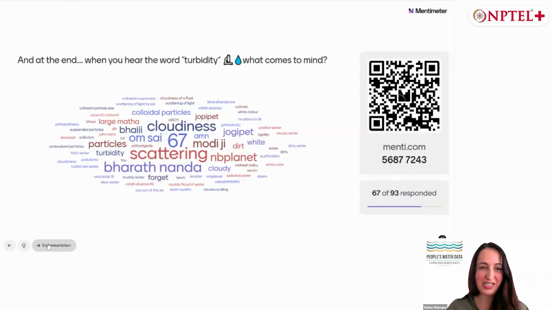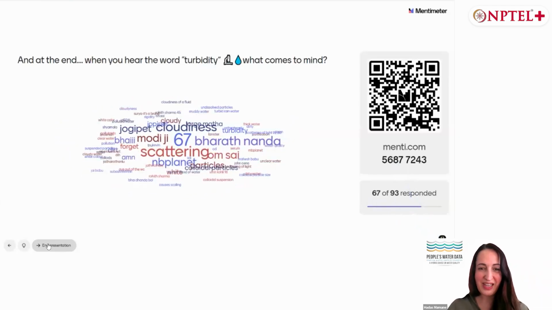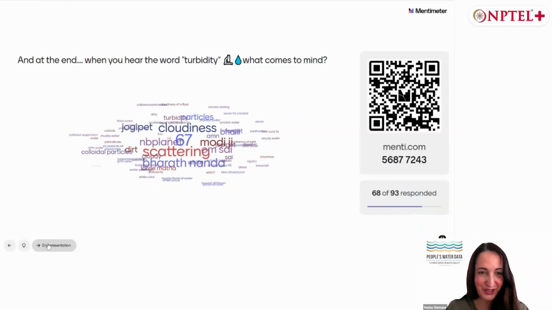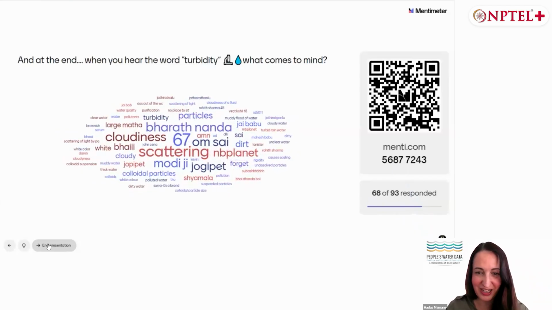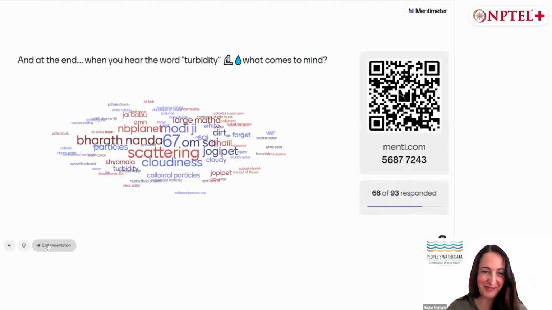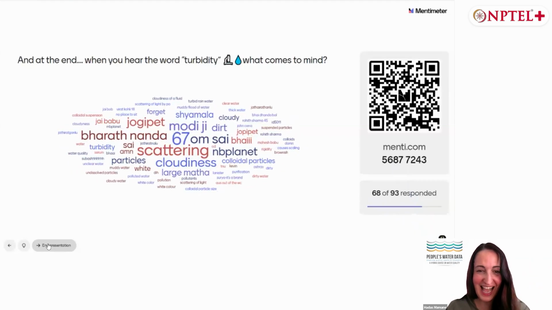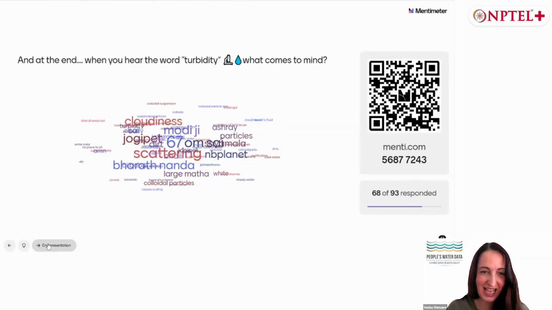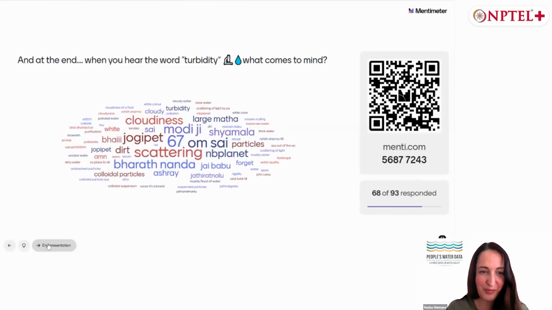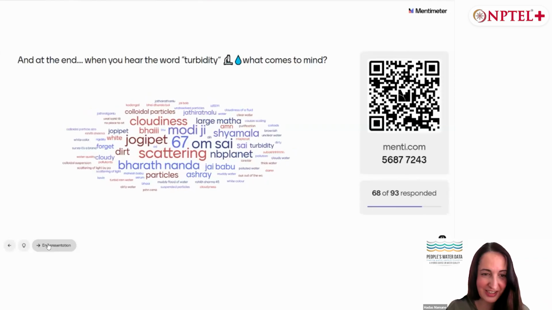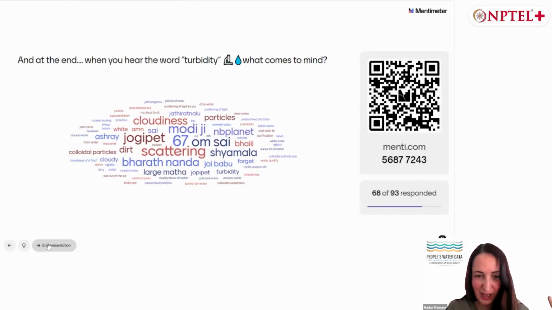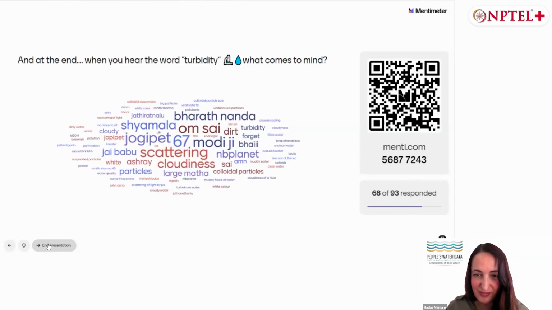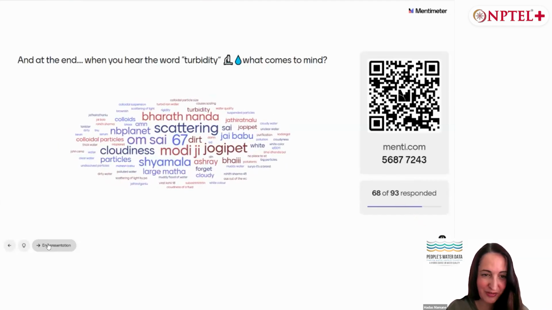I also see colloidal particles, turbidity. There are also many other interesting terms. Some of them I cannot read, but I also see muddy water in floods, cloudiness, colloids, suspended particles, purification, pollutants, polluted water, unclear water, big particles, thick water, cloudiness, as we said before.